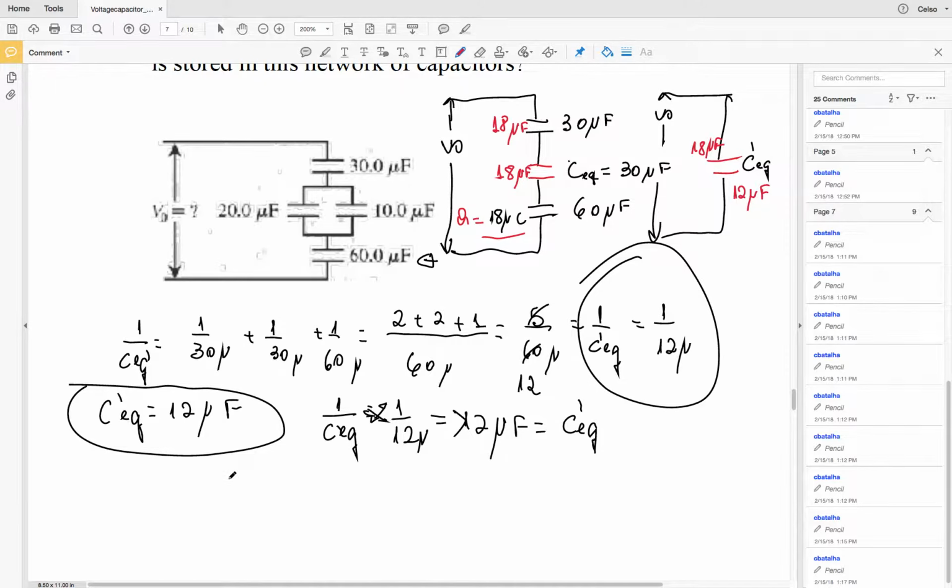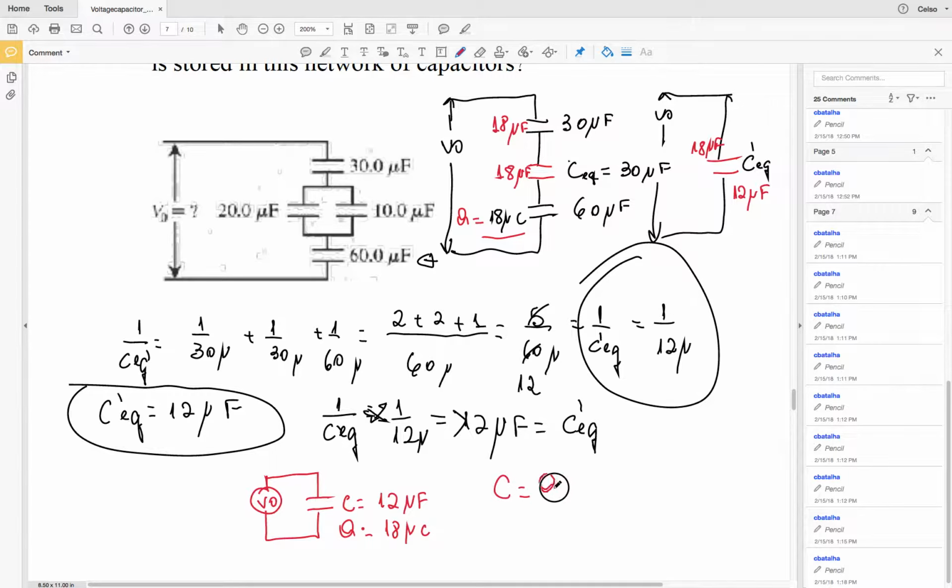So now, look at this. The circuit is one where I have a capacitor with a capacitance that is 12 microfarad. It has a charge of 18 microcoulomb. And I want to find V naught. How do I do this? I use the definition of capacitance.